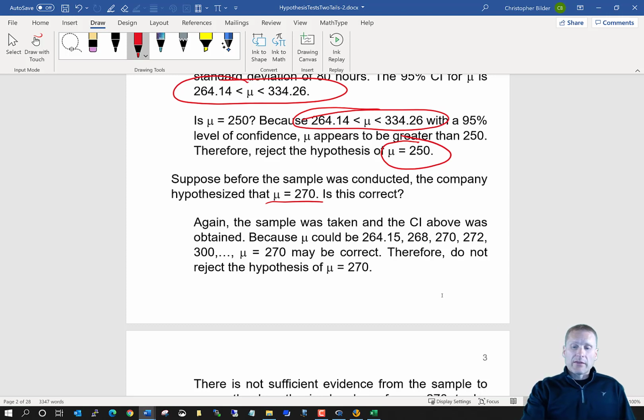So because of that, we do not reject, those are key words there, do not reject the hypothesis that mu is equal to 270. Notice I do not say that mu is 270. Well, as we can see from this confidence interval, it could be, but then again it might not.